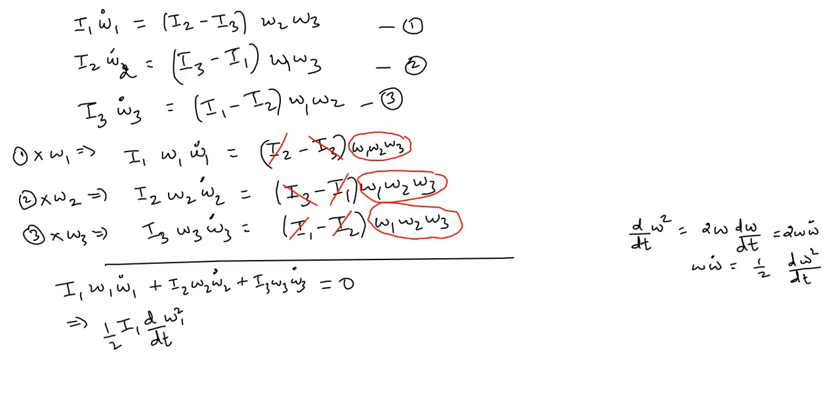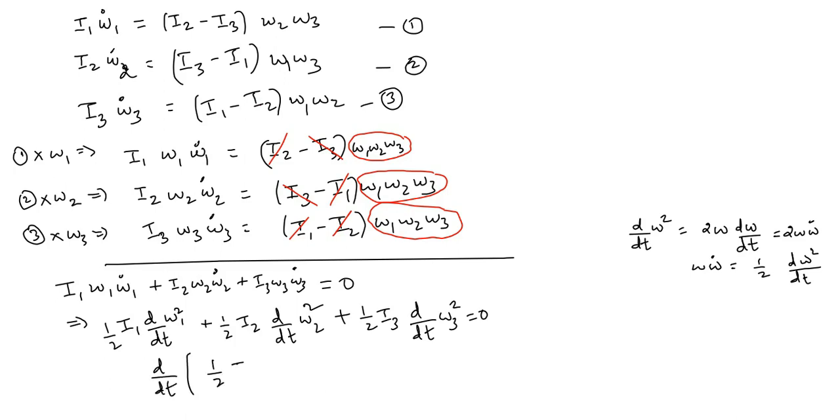In the same manner the second term is written as 1 by 2 I2 d by dt of omega 2 square, and the third one as d by dt of omega 3 square, that is equal to 0. So in all the terms d by dt is common: d by dt of 1 by 2 I1 omega 1 square, 1 by 2 I2 omega 2 square, 1 by 2 I3 omega 3 square, that is equal to 0.